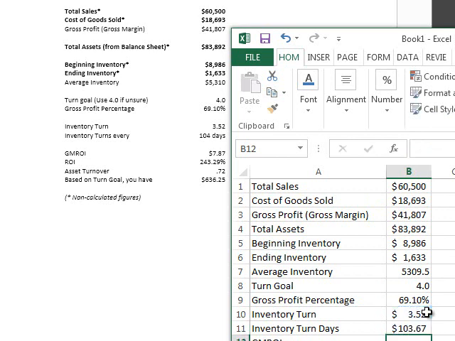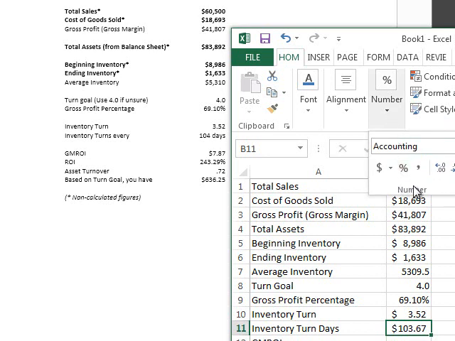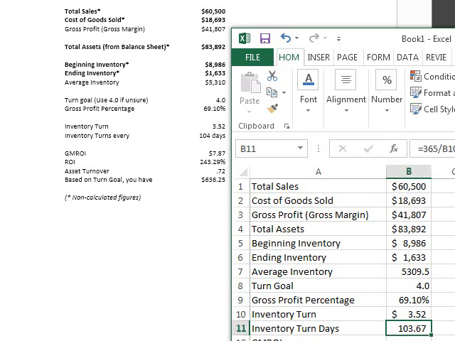That will tell us how many days it takes for us to turn over our merchandise. In this case, we just want a number. 103.67, and we always round up, so it would technically be 104 days for our inventory to sell. So approximately a little over every 3 months.